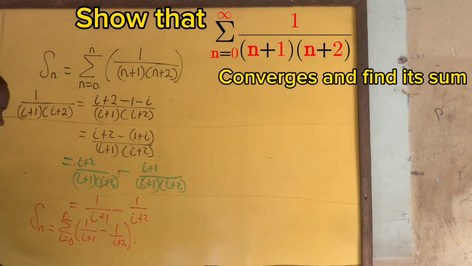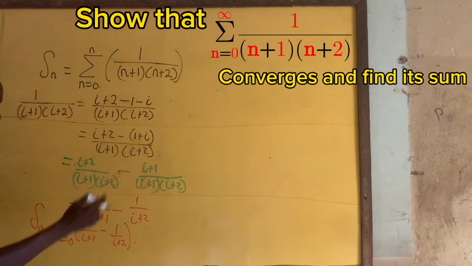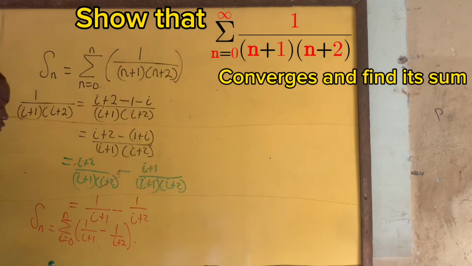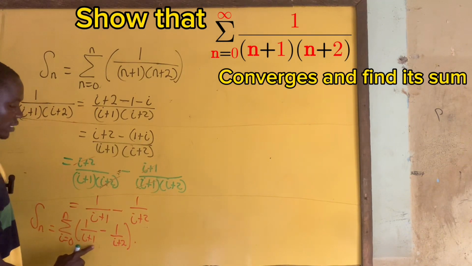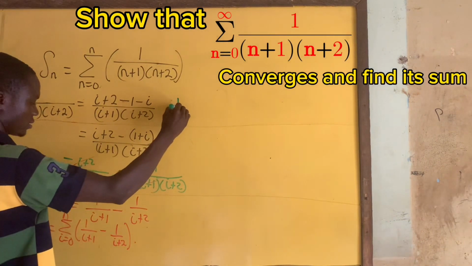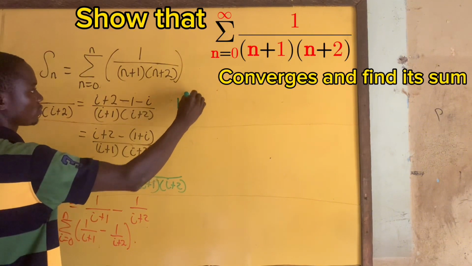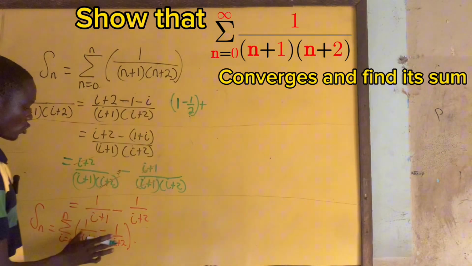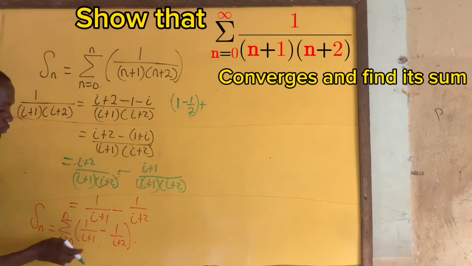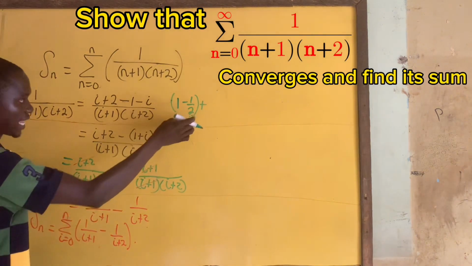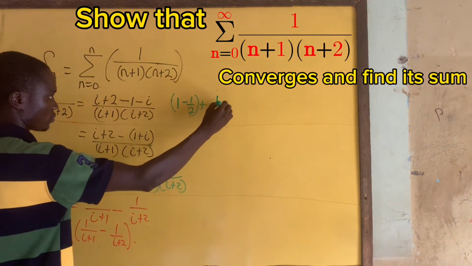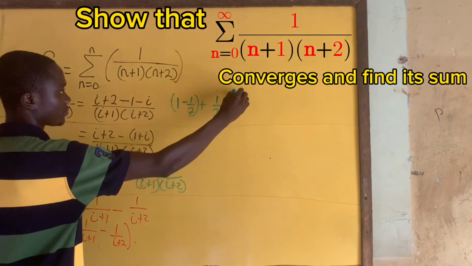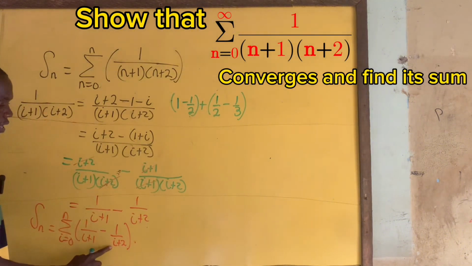So, let us find some values of I, putting in 0, 1, 2, 3, 4 going. If we do that, if we take 0 plus 1 is 1, so we are going to have 1 minus 1 out of 2. Plus, because we are summing from 0, if you put in 0, you get this. Plus, we put in 1: 1 plus 1 is 2, so 1 out of 2 minus 1 out of 3.